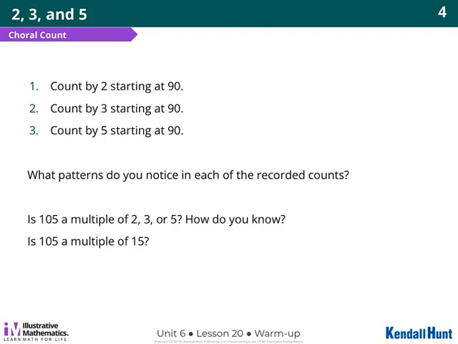What did you notice, Hadley? All of them, like the 2, it went all by even because it's an even number, and the 3, it kind of went in a different rotation. Okay.